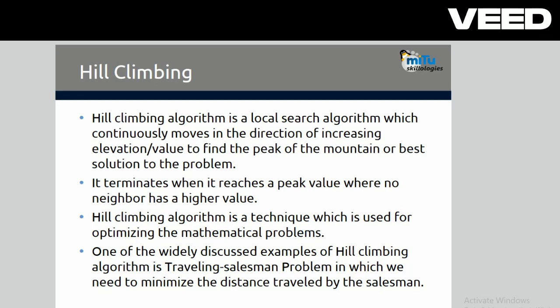It terminates when it reaches a peak value where no neighbor has a higher value. So naturally, if a person climbs a hill and reaches the peak and finds that the peak of the hill is at the place where he or she is standing, that is the top.